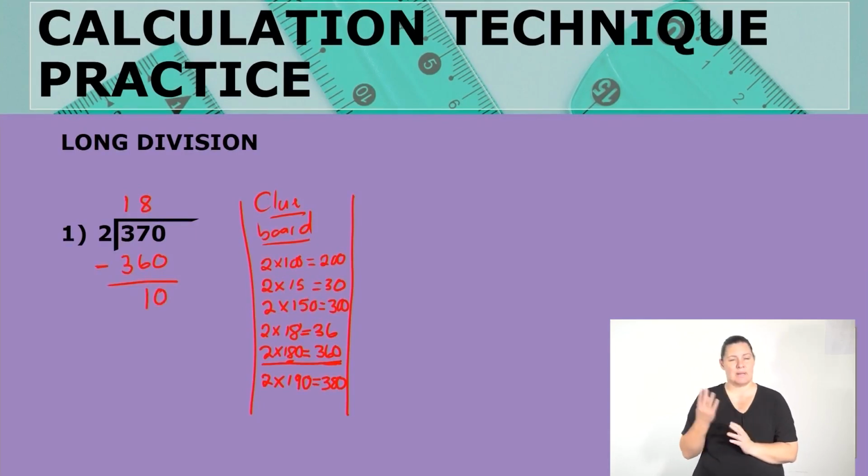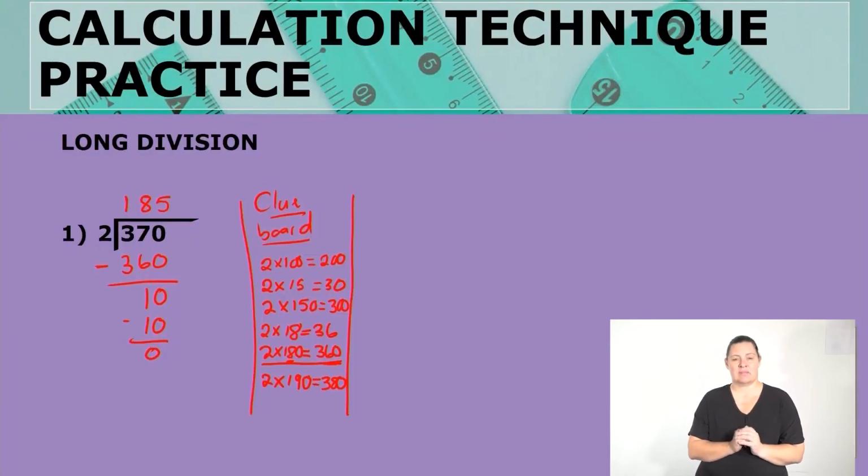Now we need to find how many groups of 2 are in 10. So that one is an easy one. 5 of them. So when we say 5 ones multiplied by 2, it gives me an answer of 10. Then 10 minus 10 is 0. There are no remainders there. So our answer for 370 divided by 2 is 185. Let's move on to the next one.